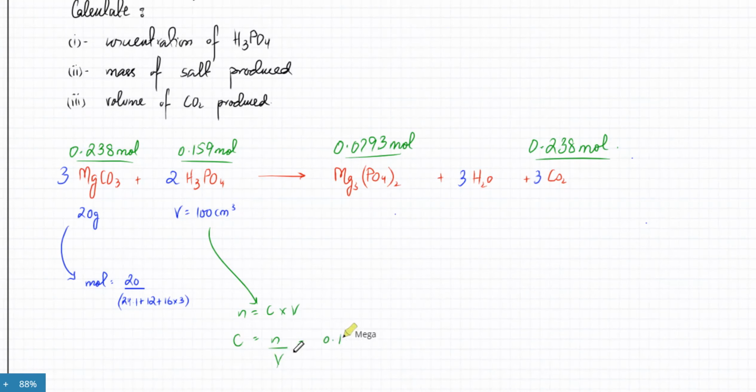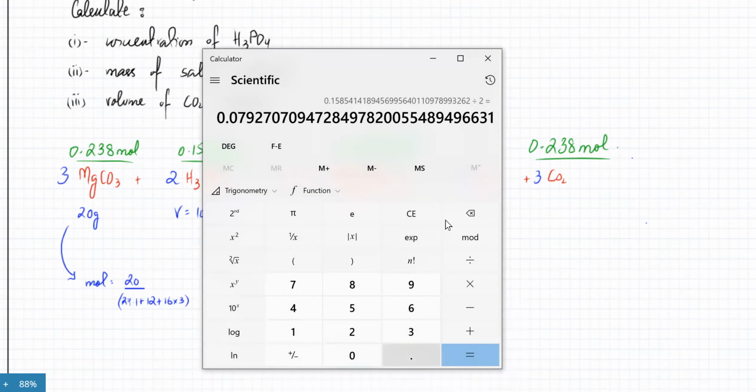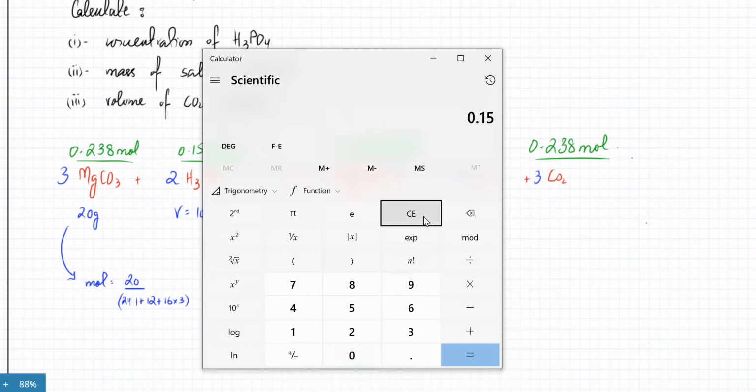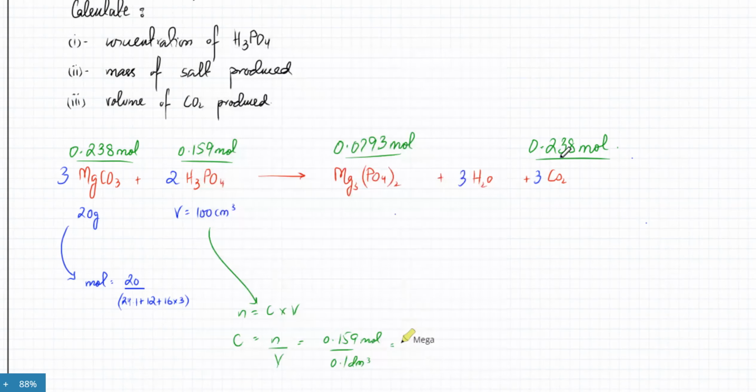So it's basically 0.159 divided by the volume, which is 100 cm cube, which in dm cube is 0.1. So 0.159 divided by 0.1. I'm getting 1.59 mole per dm cube.